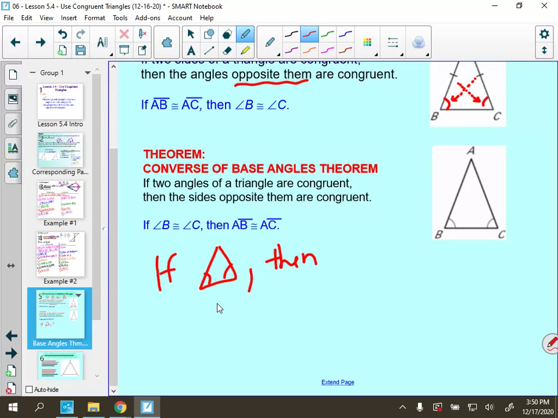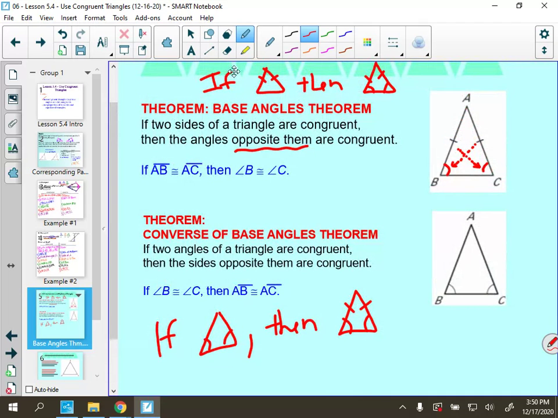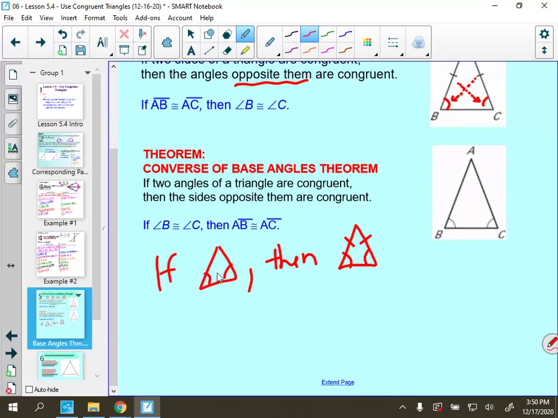That same triangle would have to be isosceles. So a little bit of a two-way street there. If you know one, you know the other. If I know sides are congruent, I know opposite base angles are congruent. If I know base angles are congruent, I know opposite sides have to be congruent. So that's the first part, the property of isosceles triangles that we need to know.